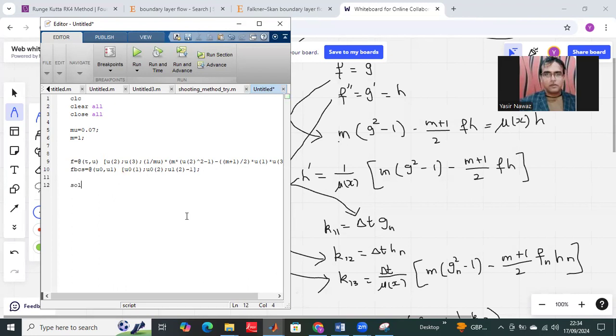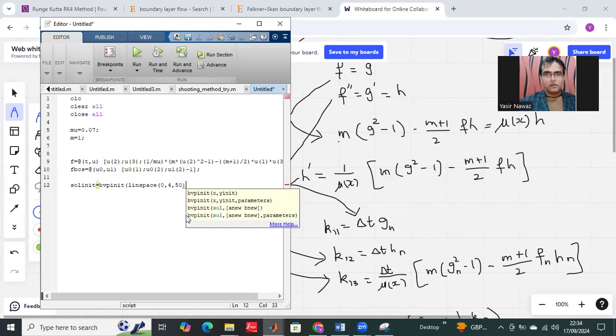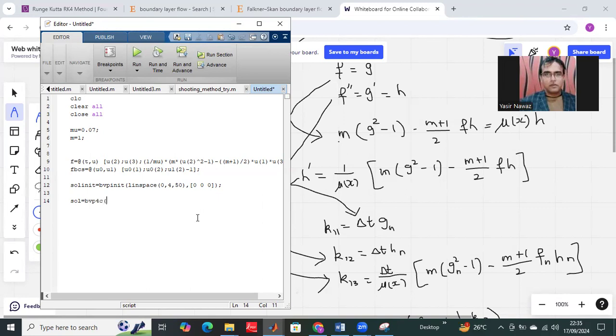Then I will use an initial guess. For the initial guess, I use the domain from 0 to 4, with points 0, 0, and then I will use bvp4c.